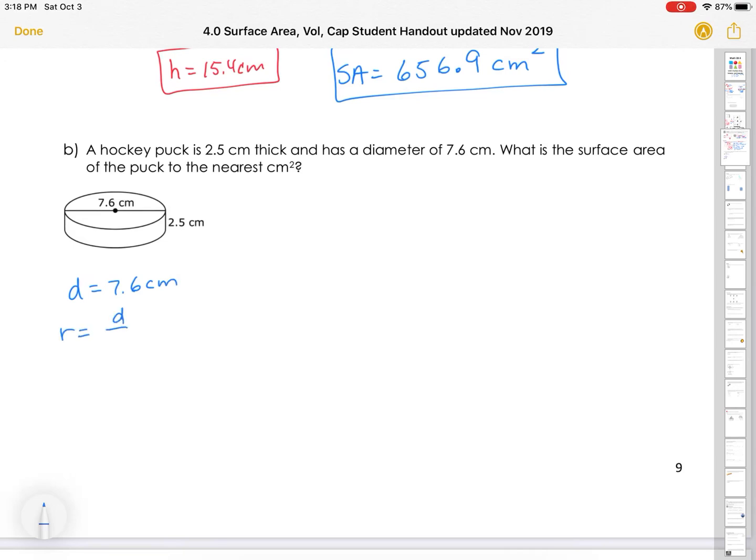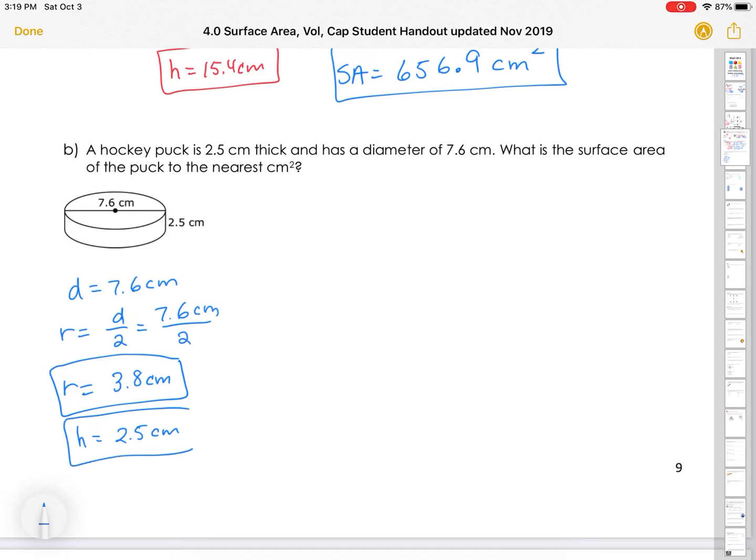So the radius is equal to the diameter divided by 2. So that's 7.6 centimeters divided by 2. So our radius is 3.8 centimeters, right? And our height is 2.5 centimeters. So we have our two measurements.